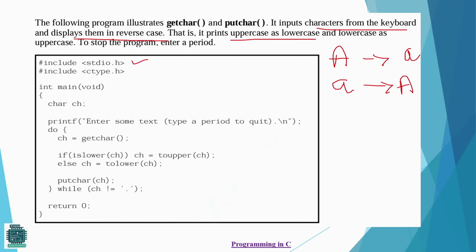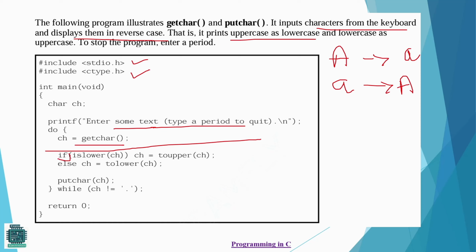And these are the library functions. Int main, say printf, enter some text. Here it is a printf statement. Here ch equals getchar. Now here there is an if condition. We will be studying this if statement and how we are going to use it in a program in the next chapter of this module only, the second module.